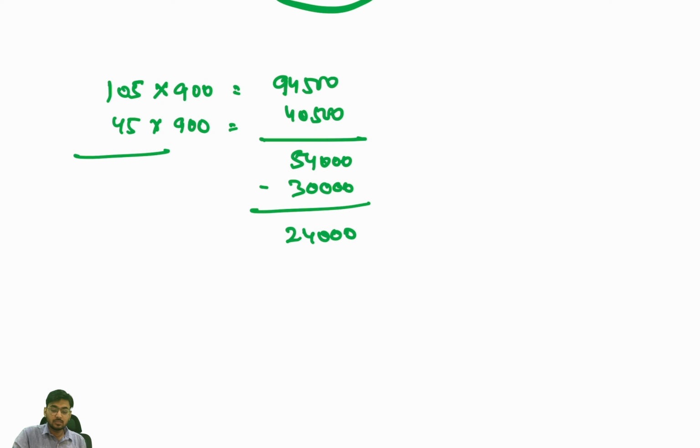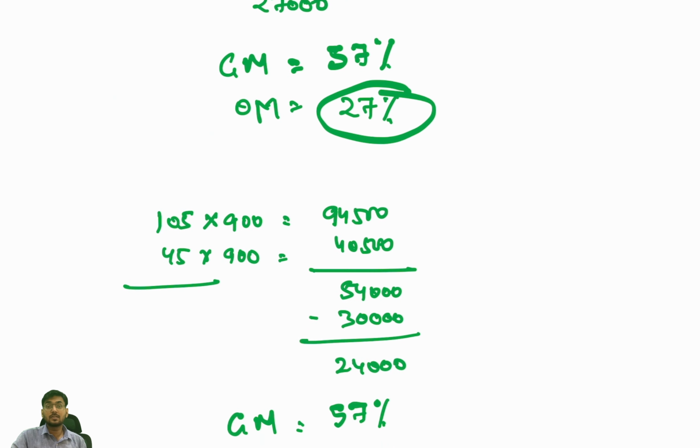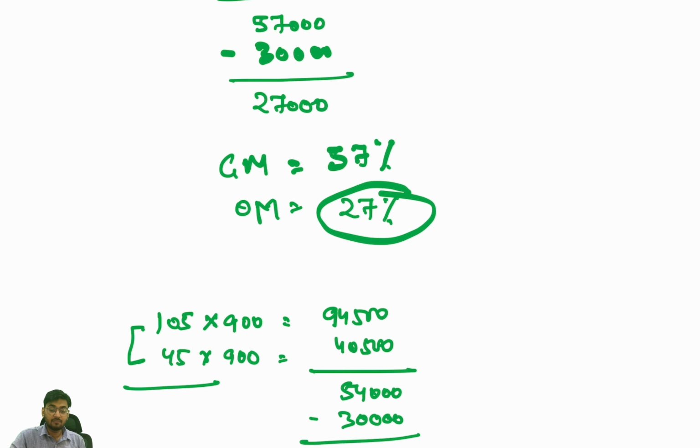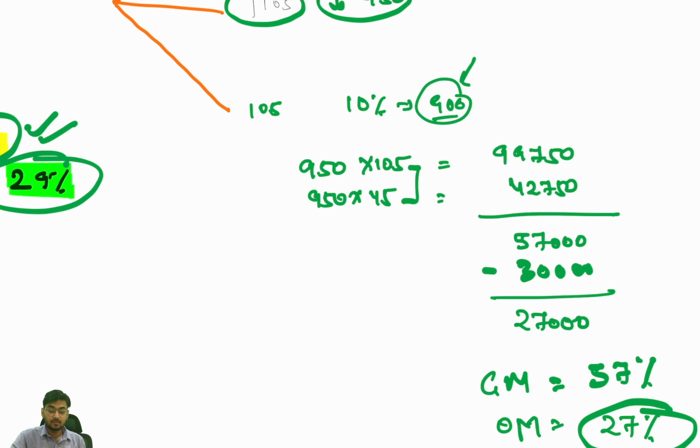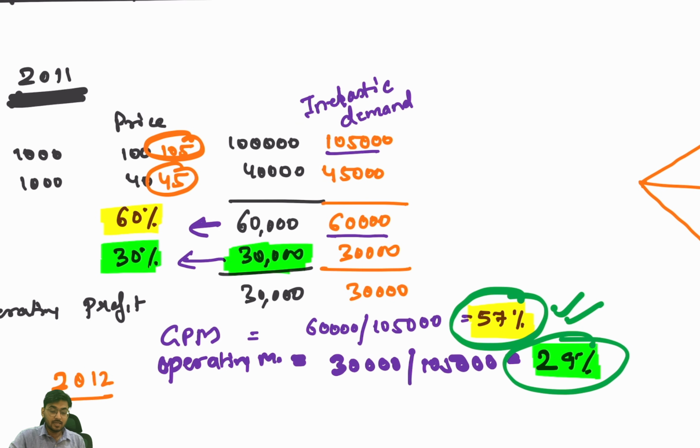Clear? How much is your gross margin and operating margin? 57% and 25%. You see that in all the scenarios, your gross margin remains the same. Why? Because the difference between them in all the scenarios is the same. That is $60.